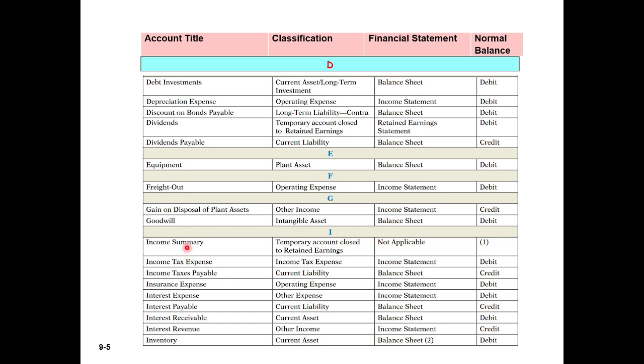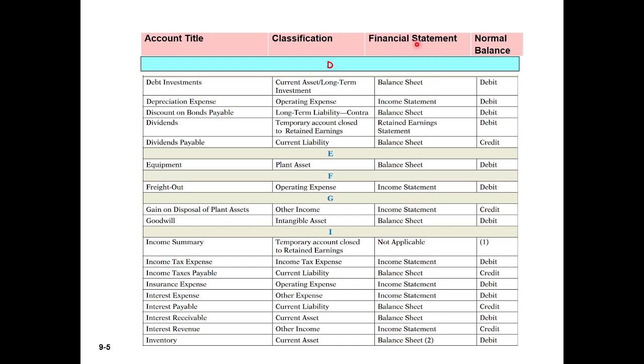Now I: income summary. Please look here: income tax expense, income tax payable, insurance expense, interest expense, interest payable, interest receivable, interest revenue and inventory. Temporary accounts closed to retained earnings include income tax expense. Income tax payable is a current liability, insurance expense is an operating expense, interest expense is other expense, interest payable is a current liability, interest receivable is a current asset, interest revenue is other income, and inventory is a current asset.